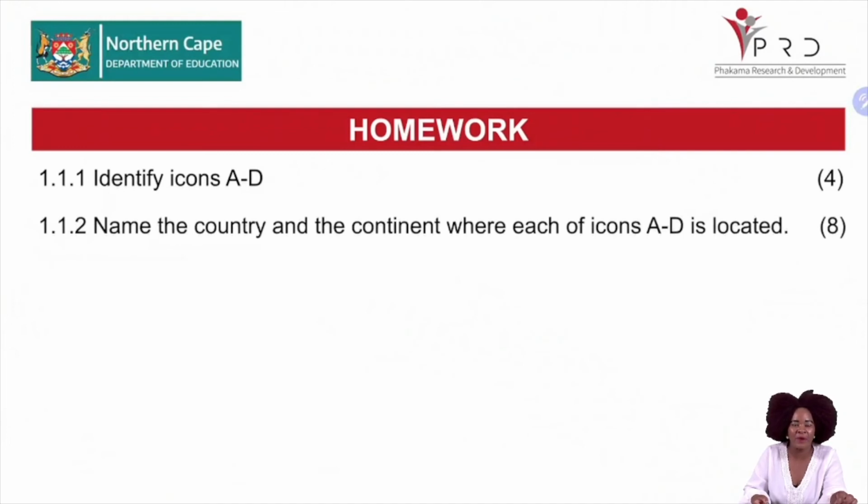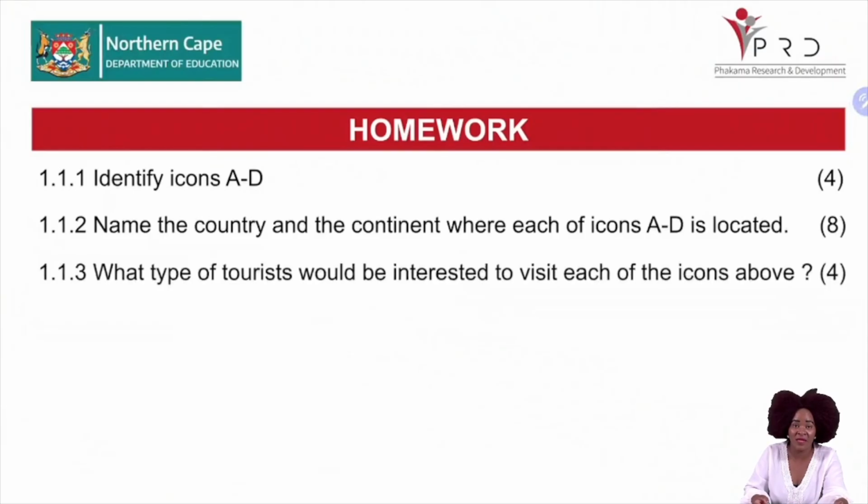What I like about these questions is that they are taken from the previous question papers. Even if the previous question paper has asked you about one or two of these icons, you can see the type of questions that are asked. So for 8 marks, because we're talking 4 icons here, you must name the country and the continent where each of icons A to D is located. This is a lot of marks that you cannot afford to lose, even in the question paper.